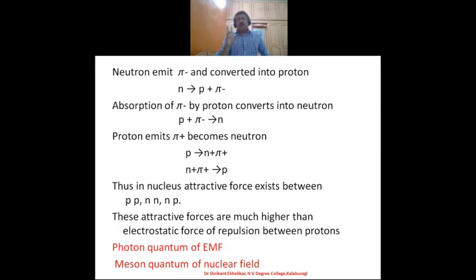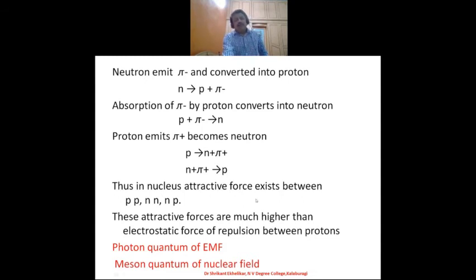So continuously a neutron is converted into a proton and a proton is converted into a neutron by emission and absorption of positive and negative pi meson particles. Because of the exchange of this particle, a force is created.